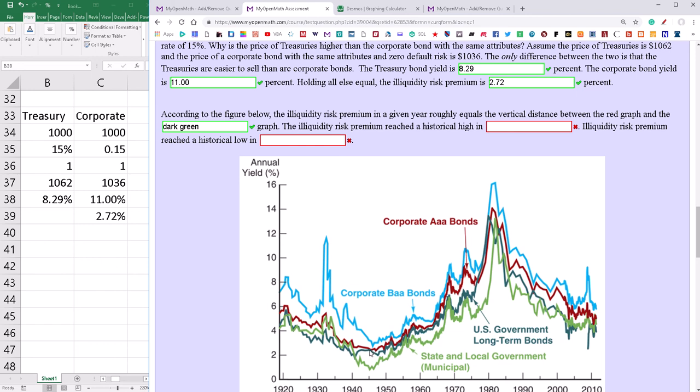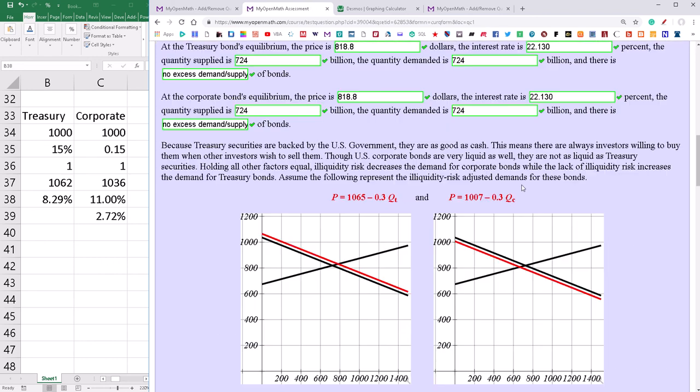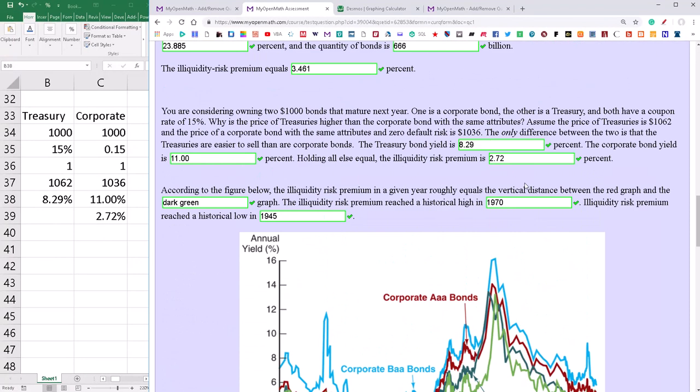This looks like 45 right here. 1945 here, red and green. And then this distance from dark green down here, you can't really see it, but down here dark green, up here to red is probably the biggest difference between red and green. So I would say 1970. And that's it. We should get the answers correct. And we do. So that's the illiquidity risk premium.